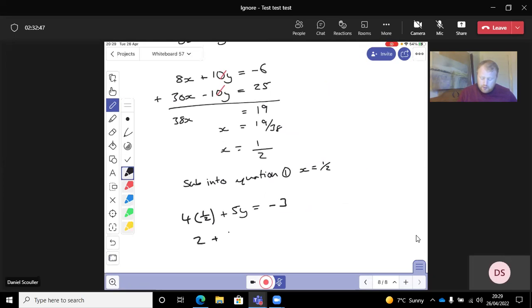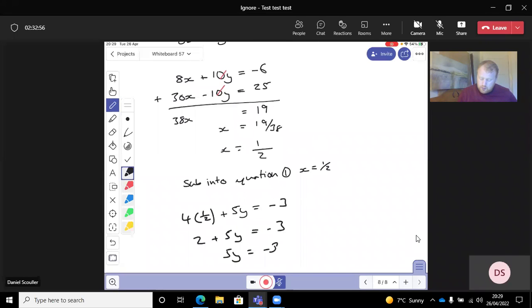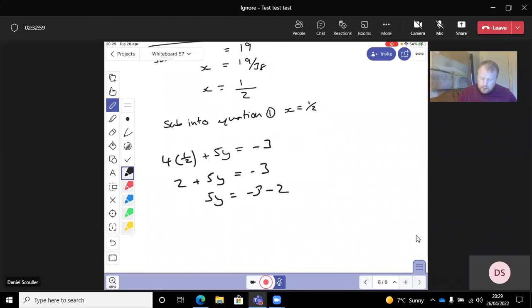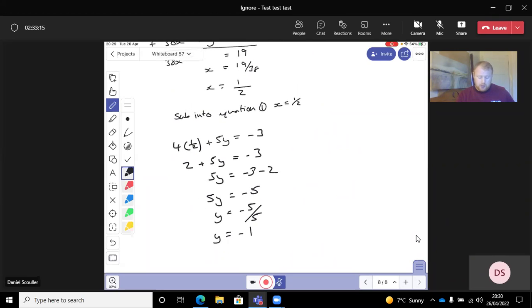So 2 plus 5y equals -3. 5y equals -3 minus 2. 5y equals -5. y is equal to -1. So that's your two answers there. x is equal to a half and y is equal to -1.